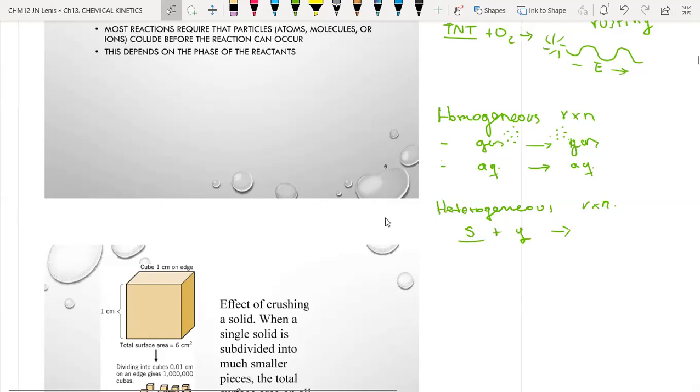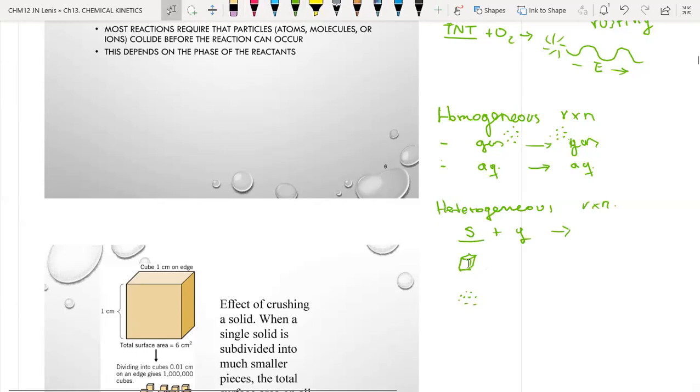If you place a big chunk of solid to react with the gas, the reaction will go slower than if you break this into smaller pieces.